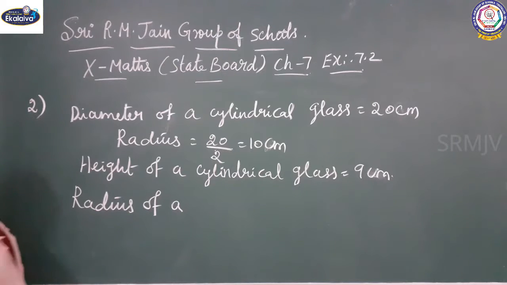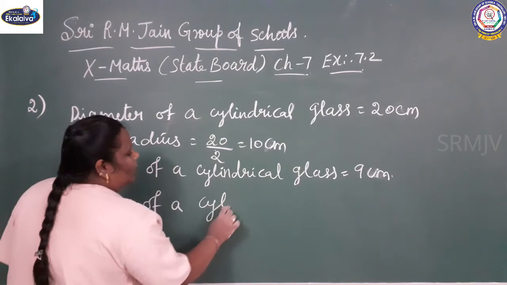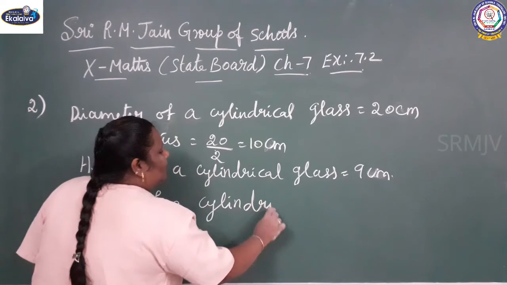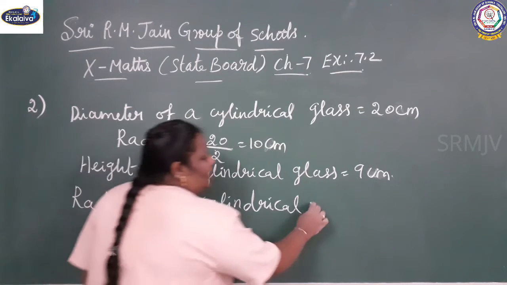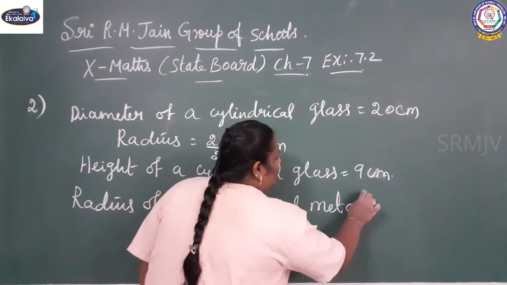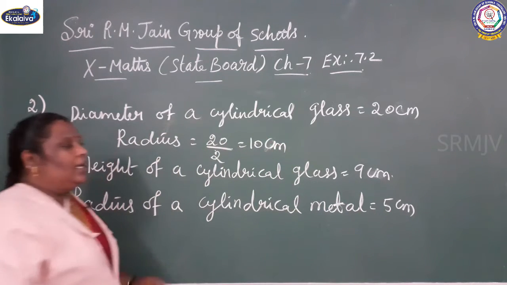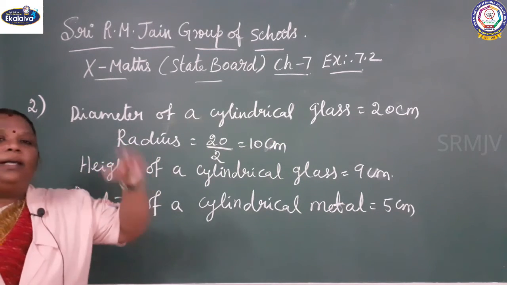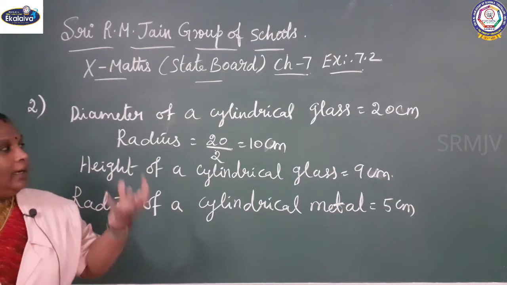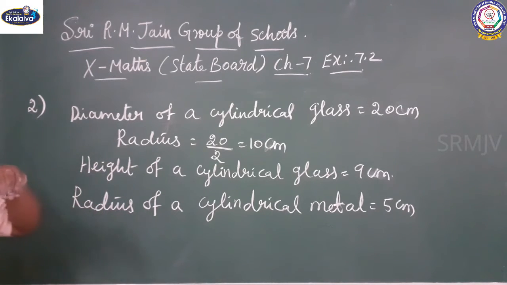The radius of the cylindrical metal is equal to 5 centimeter. This cylindrical metal is immersed into a cylindrical can which is full of water.